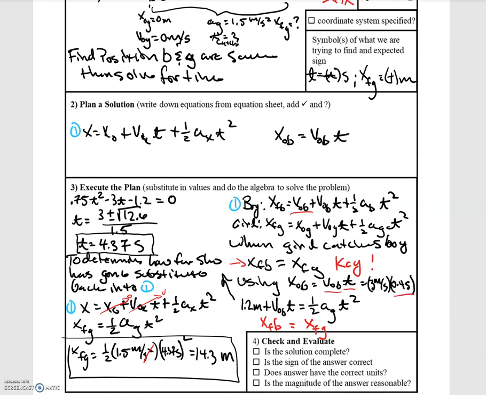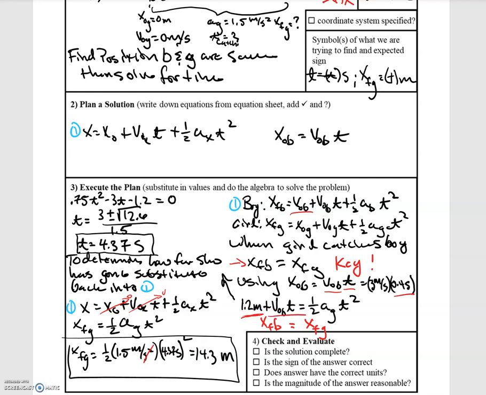That was given in the problem as 0.4 seconds. So he's starting 1.2 meters ahead when the girl begins to run. This was the point that I missed in the original solution. I got sloppy and did not label those correctly.